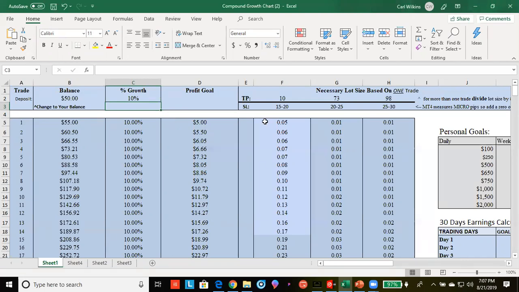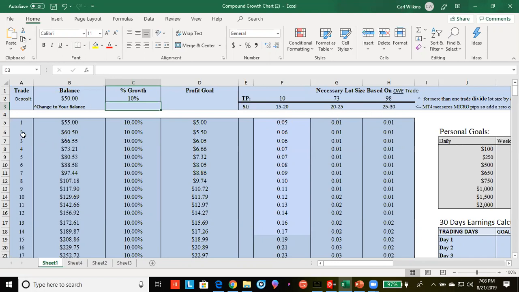We know that we're going to get that exact number because we're going to set up our lot sizes and also the amount of pips that we want to take. This TP right here is the amount of pips that we're taking: 10 pips, 73 pips, 98 pips. The SL signifies the stop loss. That's 15 to 20, 20 to 25, and then 25 to 30.